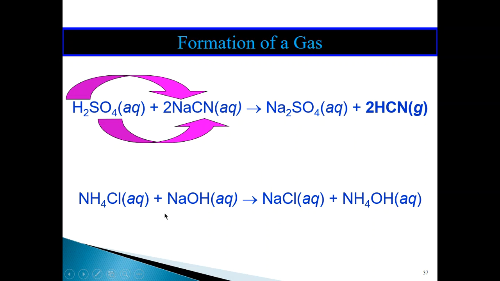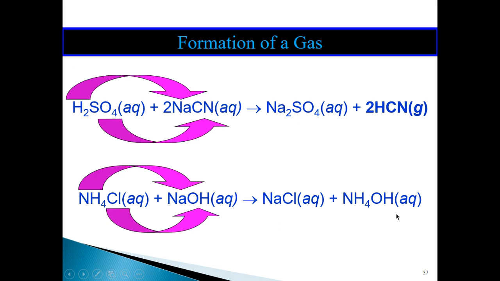And here's another one, the reaction between ammonium chloride and sodium hydroxide. Now this one is a bit different because the double displacement reaction taking place here will result in the formation of sodium chloride, which is in an aqueous solution, and ammonium hydroxide. But the thing about the ammonium hydroxide is that it will itself undergo decomposition to form ammonia, which is a gas, followed by water.